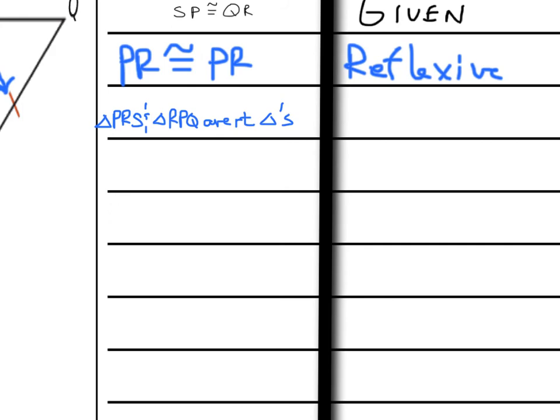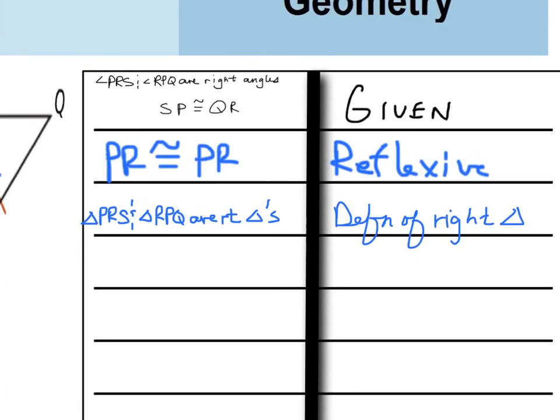So if a triangle has a right angle in it, we know that it's a right triangle. This is what we call the definition of a right triangle. If it has a right angle in it, we know that it's a right triangle. Okay? So, again, in the given I said up here that they're right angles. As long as I have that, I know I can say that they're right triangles.